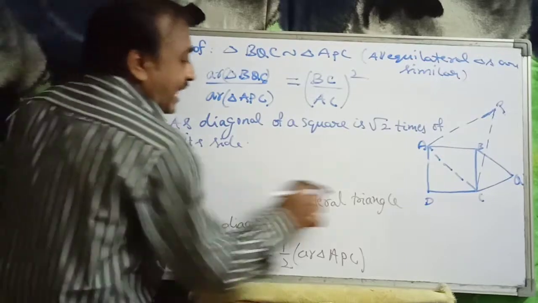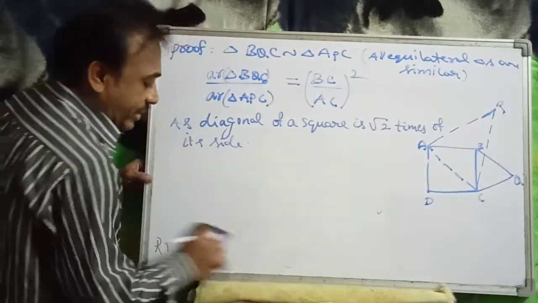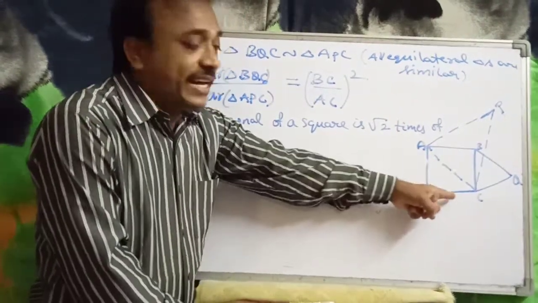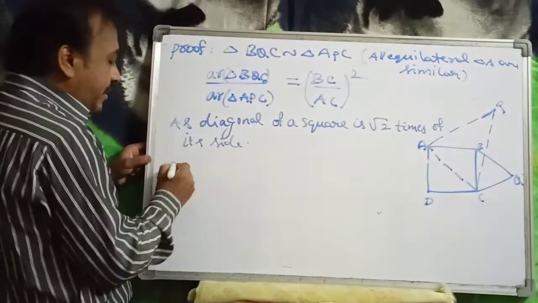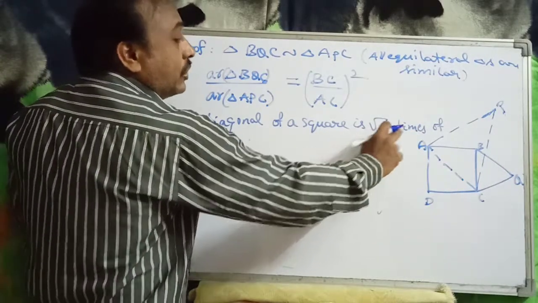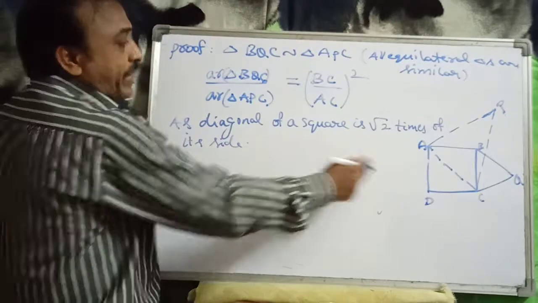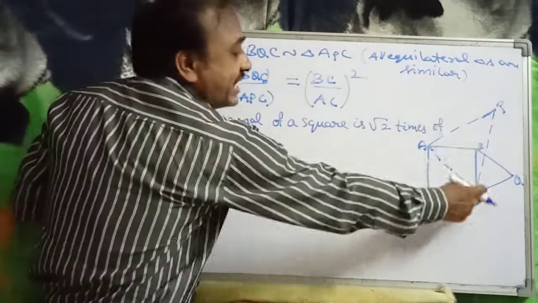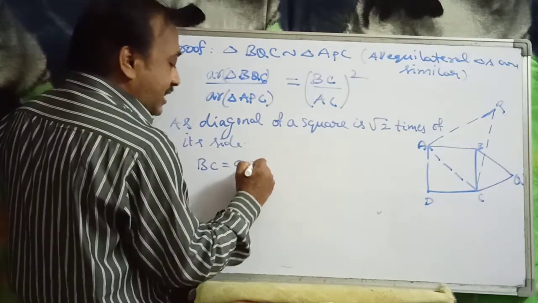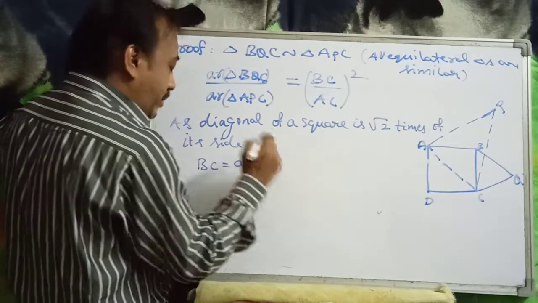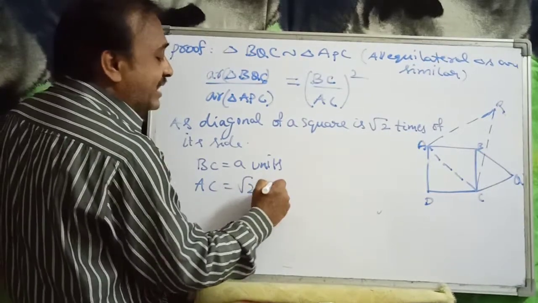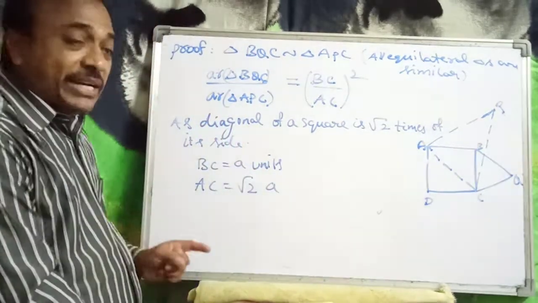That means if the side is A units, if BC is the side, BC equals A units, then the diagonal AC will be root 2 times its side.